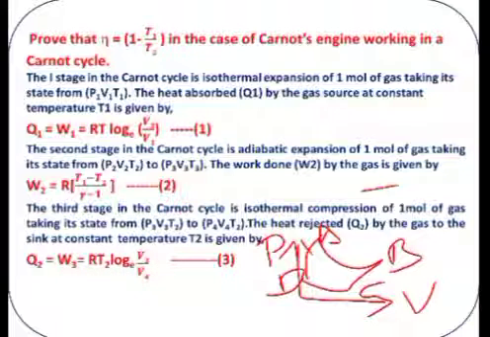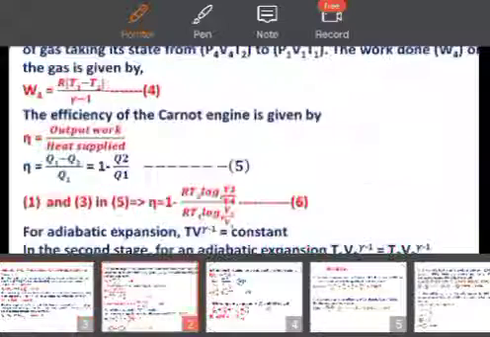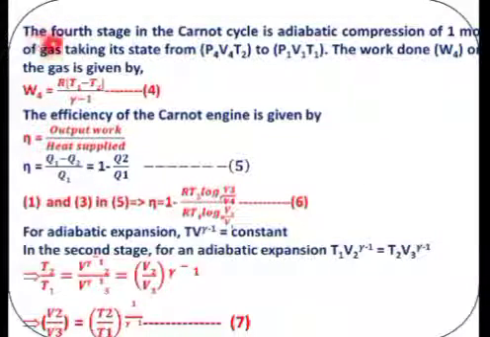Next one is the fourth stage. In this case the fourth stage of the Carnot cycle is adiabatic compression, that is the DA curve, of 1 mole of gas taking its state from P4 V4 T2 to P1 V1 T1. Again the same position, it reaches the same position, which means it completes one cycle.